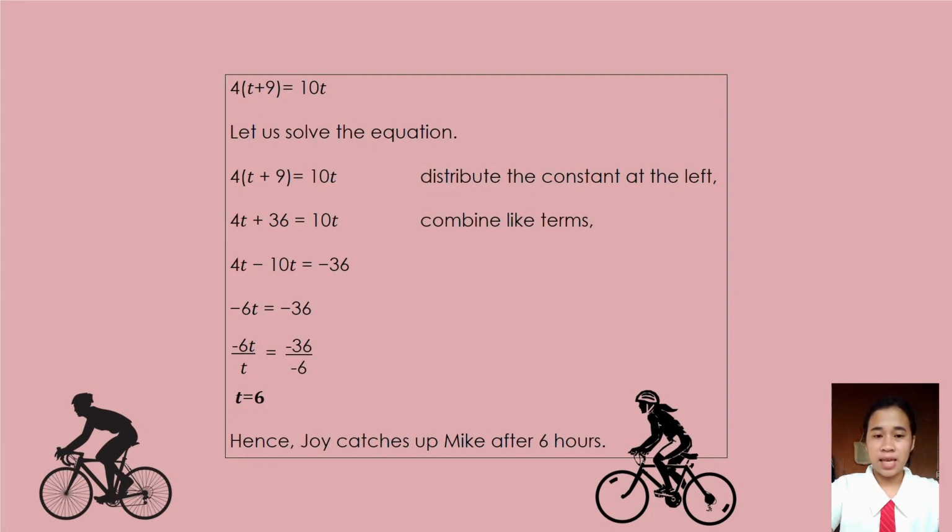Negative 6t equals negative 36. Dividing, t equals negative 36 over negative 6, so t equals 6. Hence, Joy catches up with Mike after 6 hours.